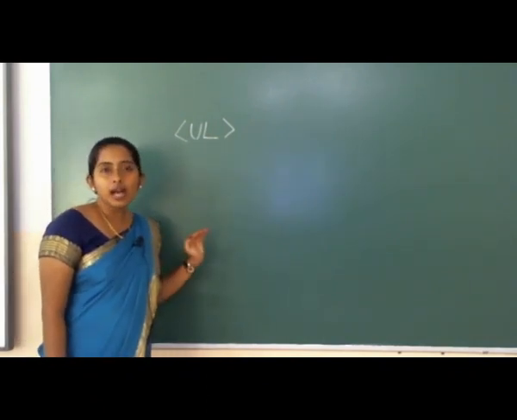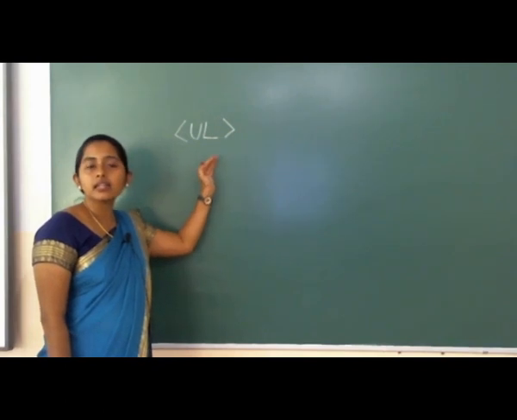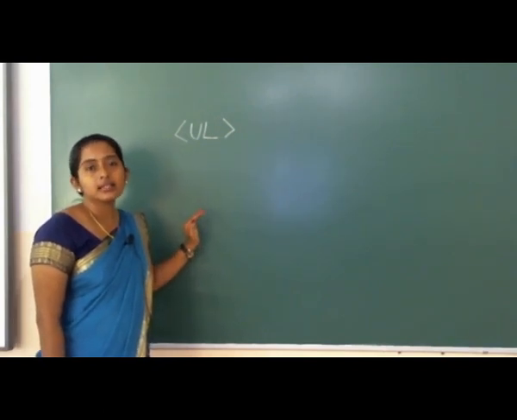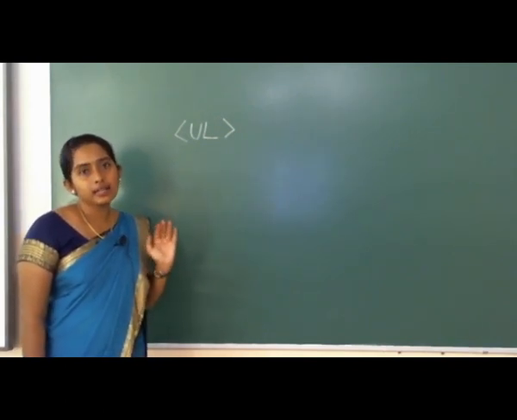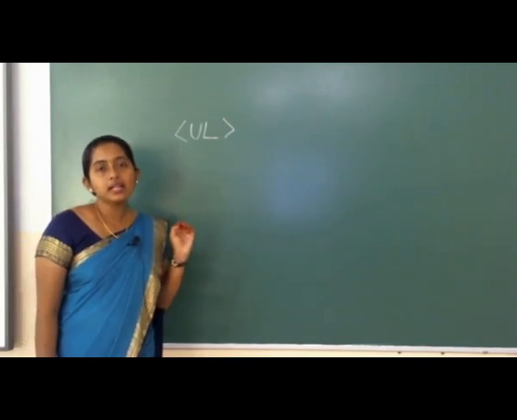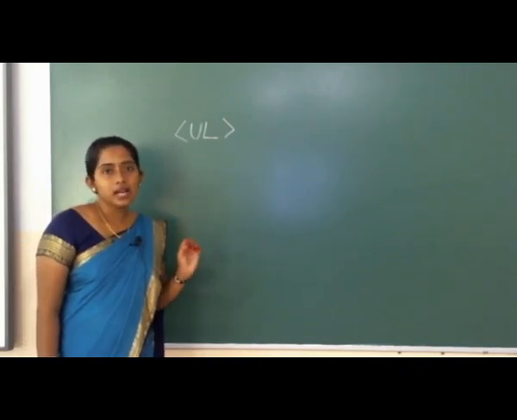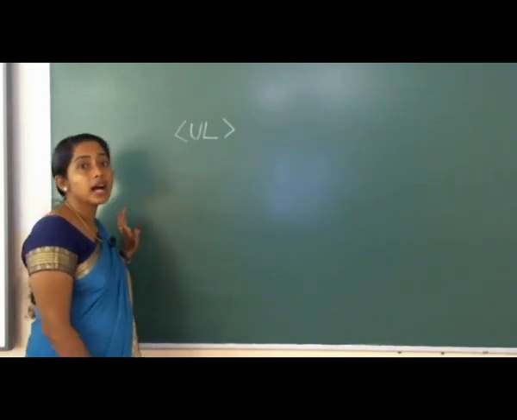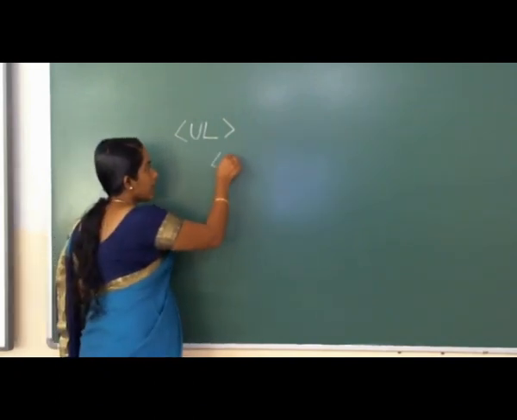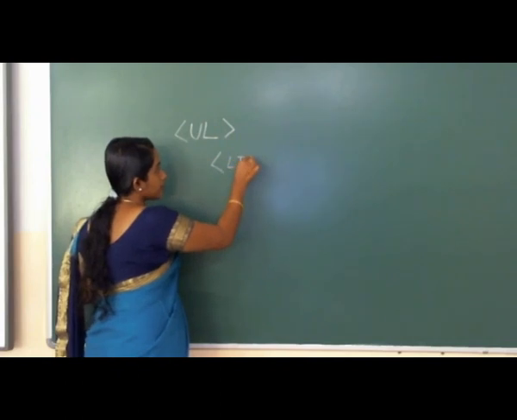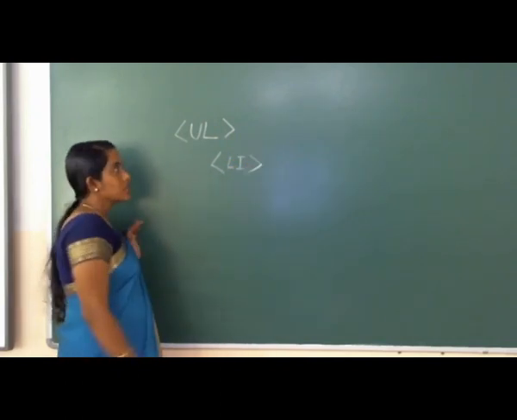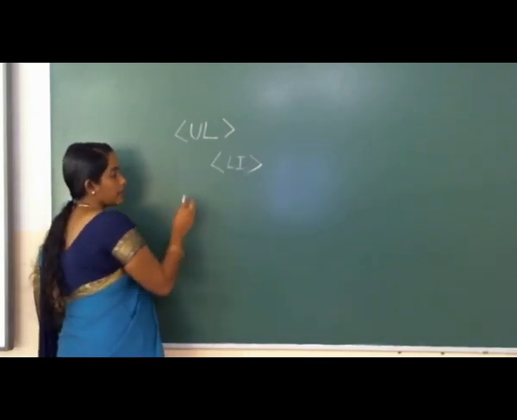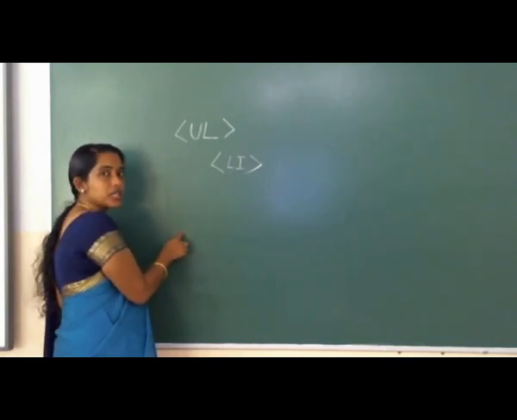One more tag will come under this UL tag, that is the LI tag. To specify the list data, you can use the LI tag, list item. This is the opening tag, and what will be the closing tag in HTML?